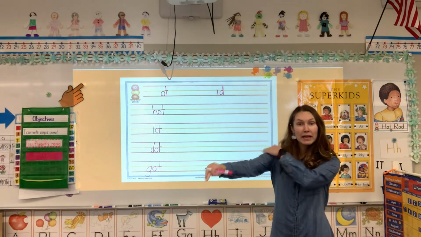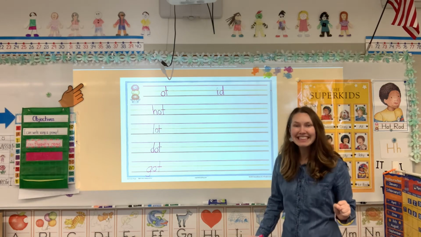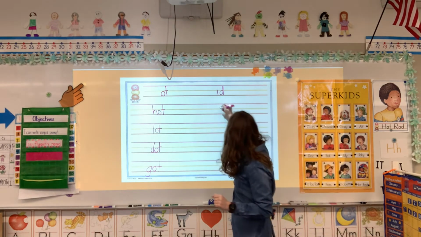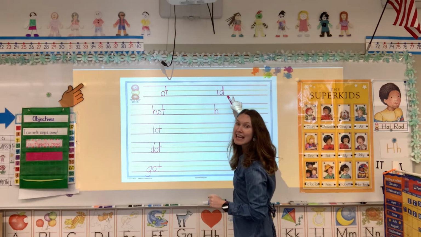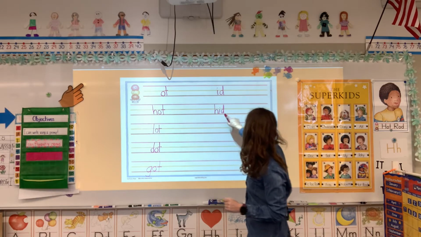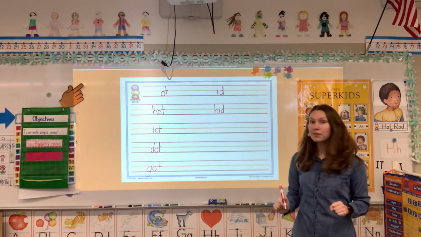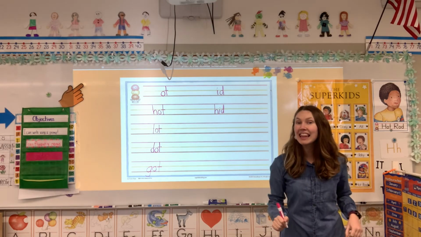Hid. What do we hear at the beginning of hid? That's right, it's a letter H. So I'm going to start with the letter H and then add in my id ending, I-D. Hid. Our next word we're going to write is lid. Lid.